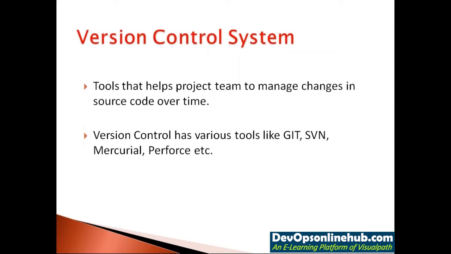But after that, your client says, no, I want this functionality the other way, or some other requirement. So you change that code, save it on your desktop, and show the changed functionality to the client. After that, the client changes the requirement again.